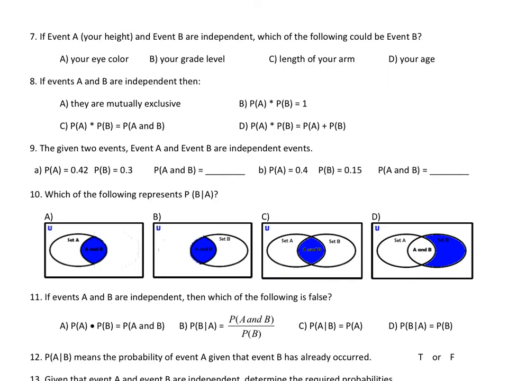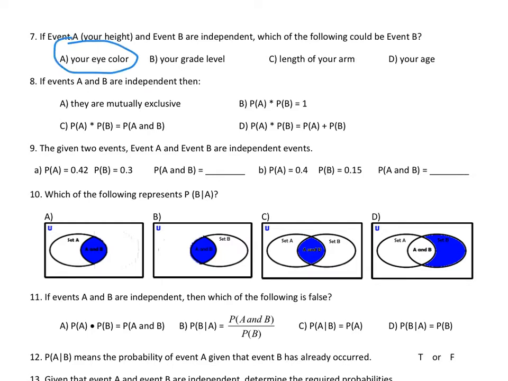Next problem says, if event A, your height, and event B are independent, which of the following could possibly be event B? Alright, well, those two events have to be independent. They have to not be related to each other. So height would not be related to eye color, for instance.